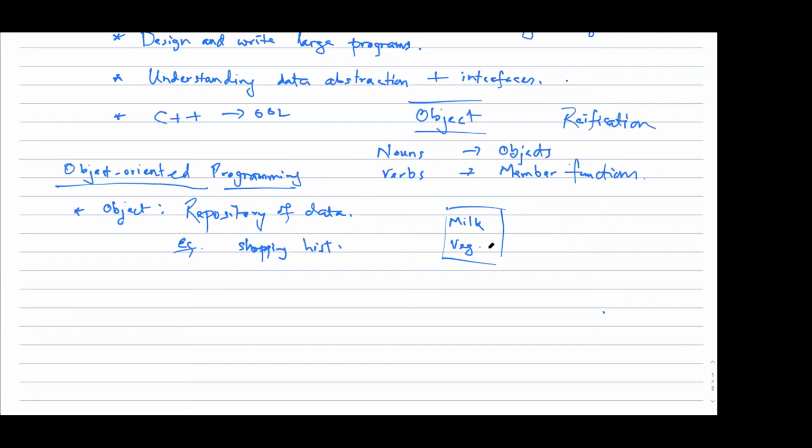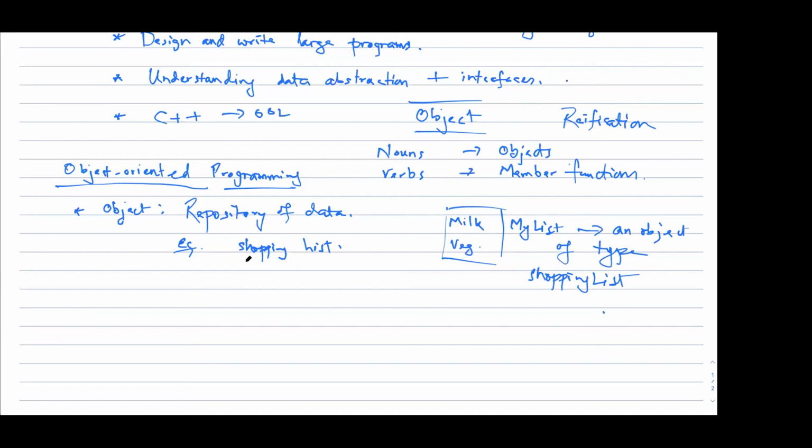Here, when you are making this list, you may call it my list. So this my list, in that case, is essentially an object of type shopping list.